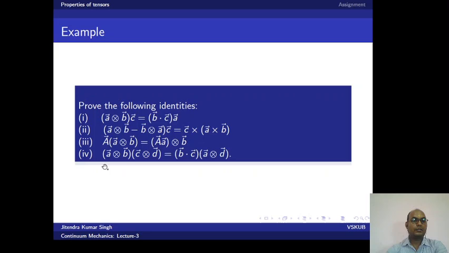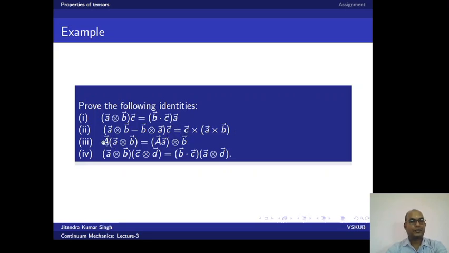Now I am going to discuss one problem. We have to prove the following identities. The tensor product of vectors a and b, and its product with vector c, is equal to (b dot c) a. The tensor product of a b minus b a into vector c is equal to c cross (a cross b).